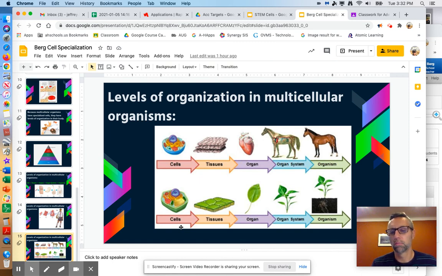Now, plants don't have blood cells, they don't have muscle cells, but they do have cells that perform specialized jobs. So plant cells get organized into tissues and tissues into organs, like this leaf would be an organ, and then a group of leaves together work as an organ system, and the whole plant together is an organism. And so that order, cells, tissues, organs, organ system, organism, is something that you'll need to know for how specialized cells are organized in the body.